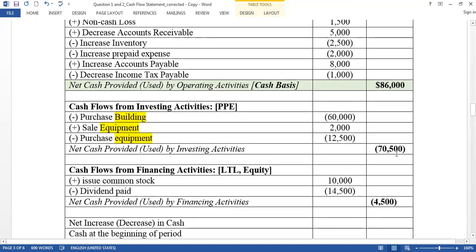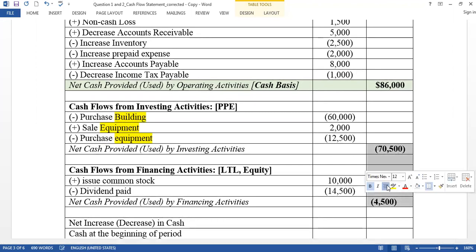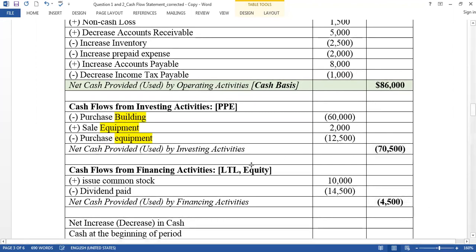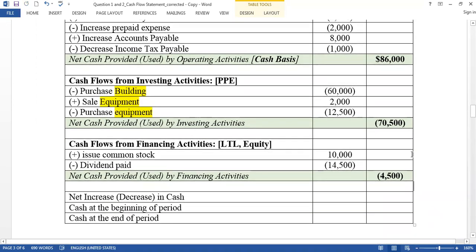Now we can see that we have operating activities, investing activities, and financing activities. Right? We have done operating, we have done investing, and we have done financing.